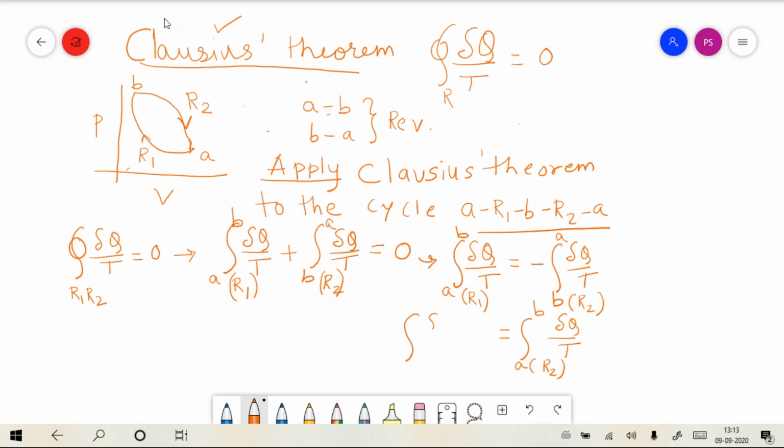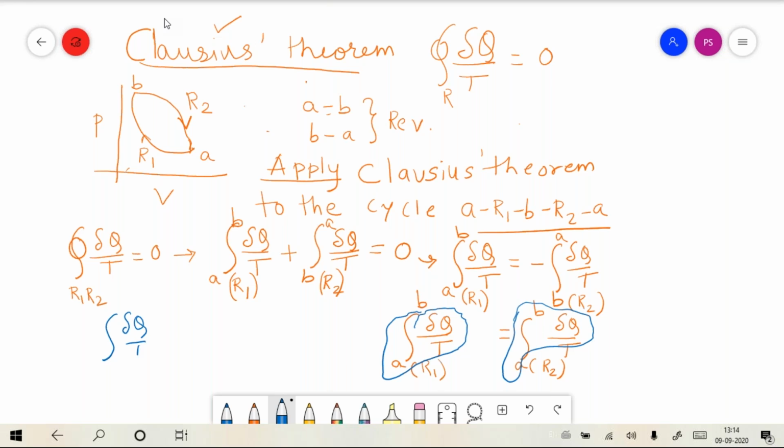So what you see now is that the integral of del Q by T from A to B via path R1 is equal to the integral from A to B via path R2 of del Q by T. It means that this term is independent of the path taken.